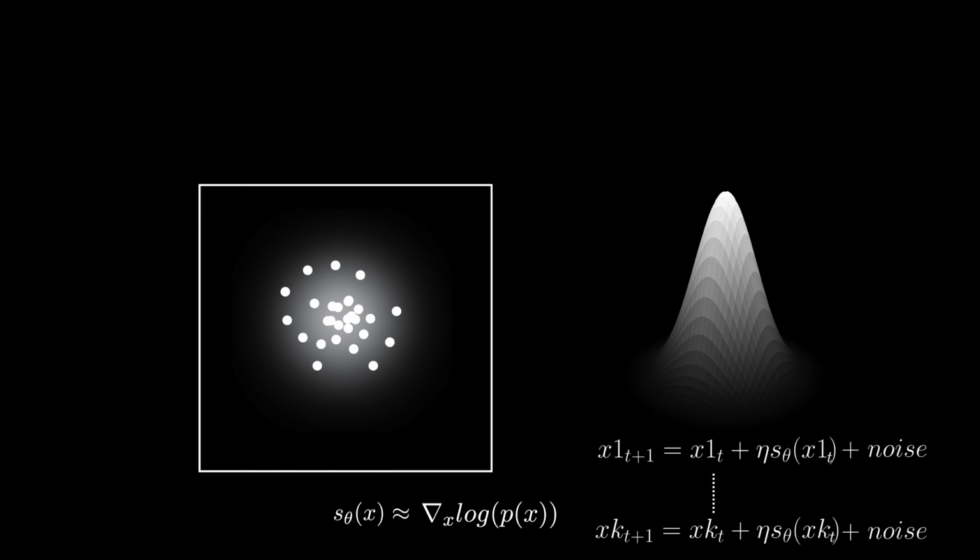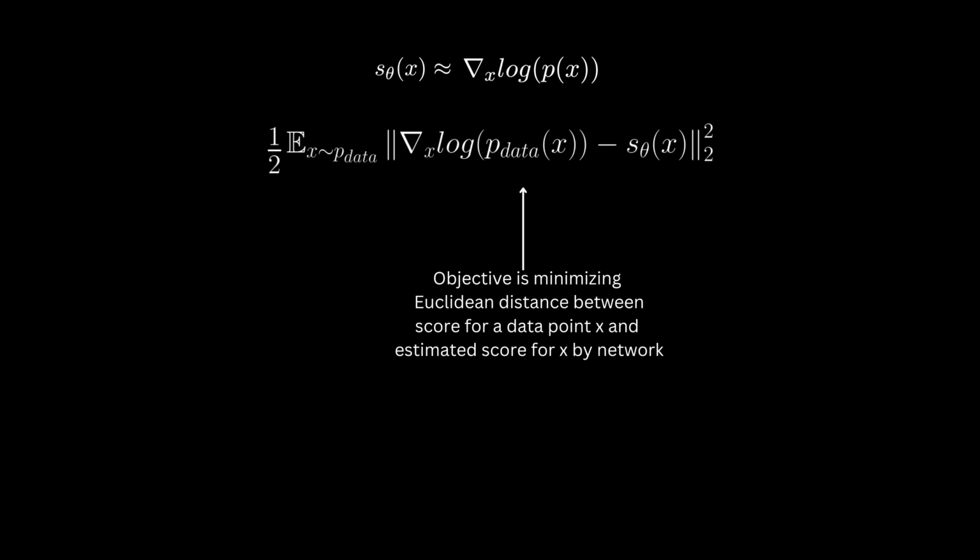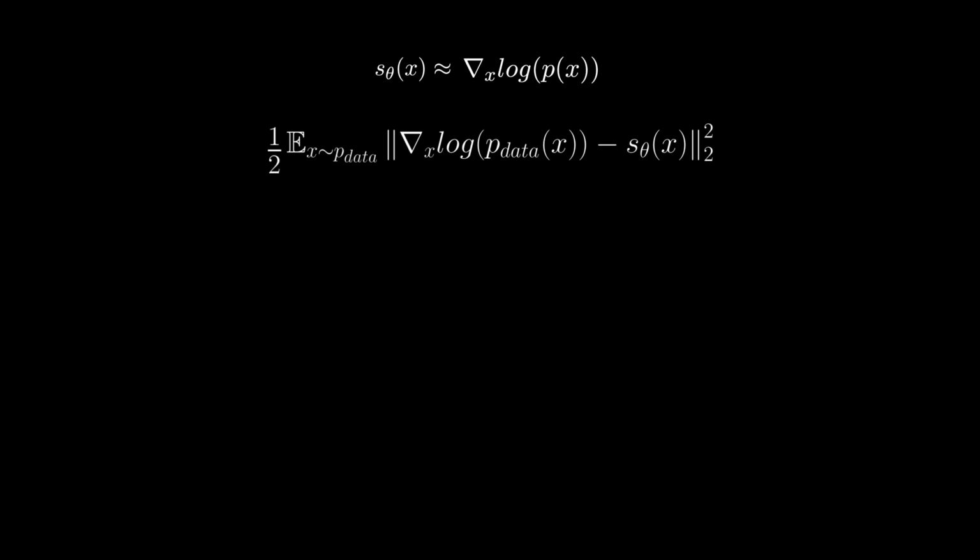So in theory, we have a neural network which, using samples of observed data or images in our training data, is optimized using an objective like this, and here we are simply having our neural network predict a score which is close enough to the actual score, given a data point x or given an image in our training dataset. Optimizing this should allow us to have a model that enables us to generate samples.